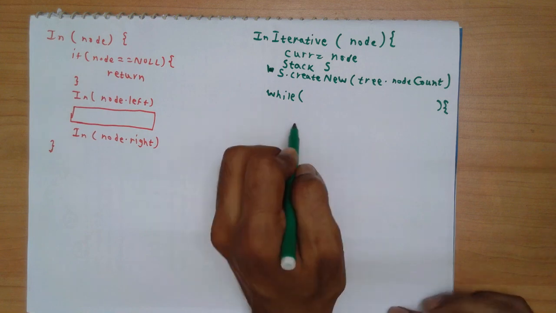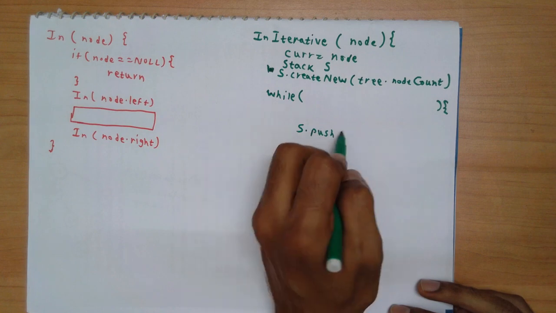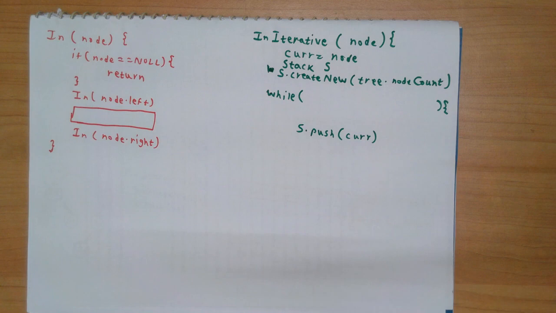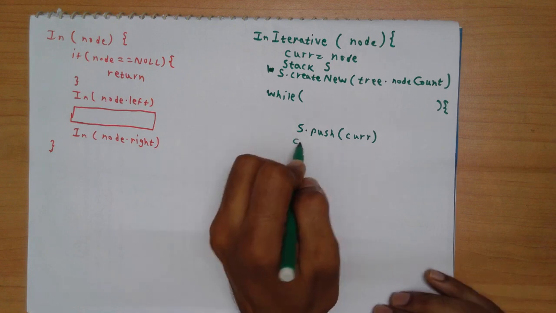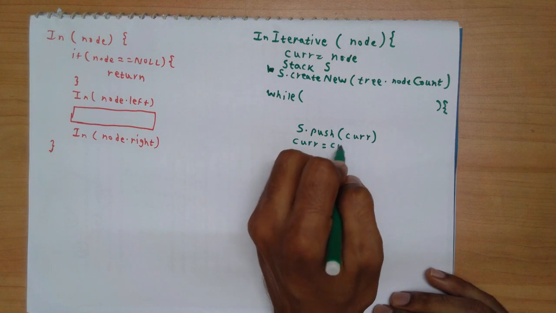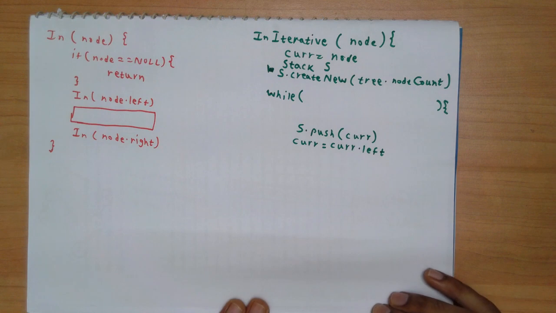So the first thing we should do is push the node onto the stack. I will do s dot push and the current node that I have. Once you do that, you should proceed to the left of the node. So I would say that my current is equal to current dot left. But doing it just once is not enough.